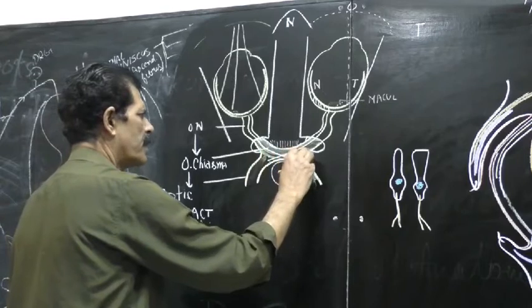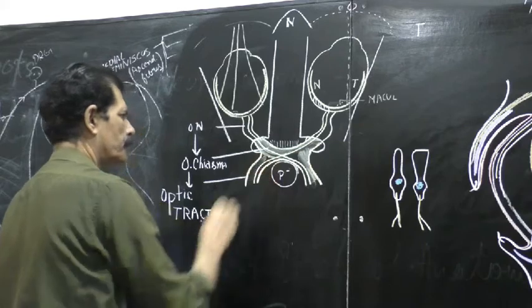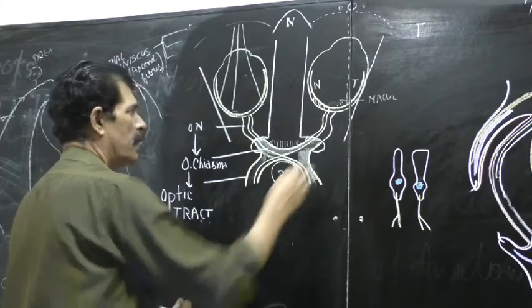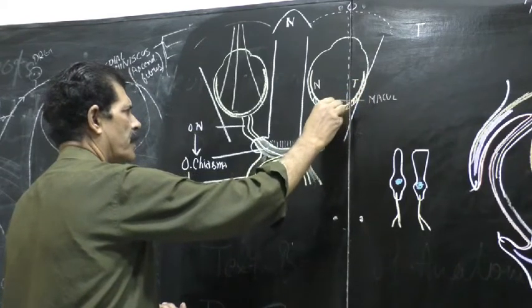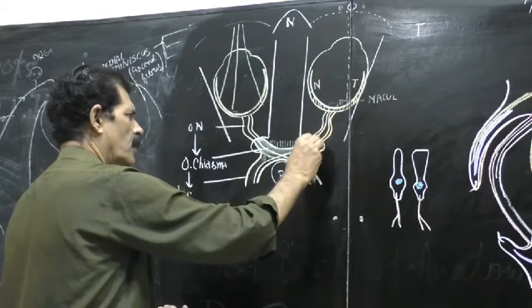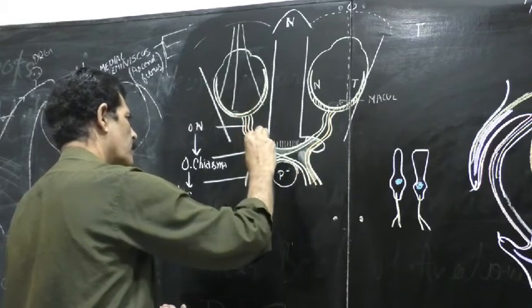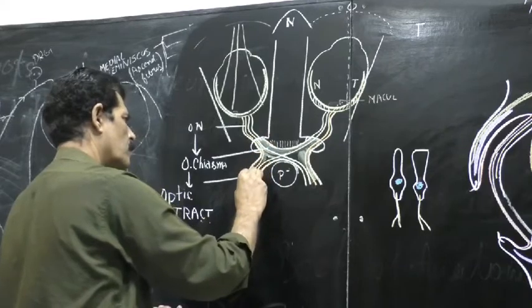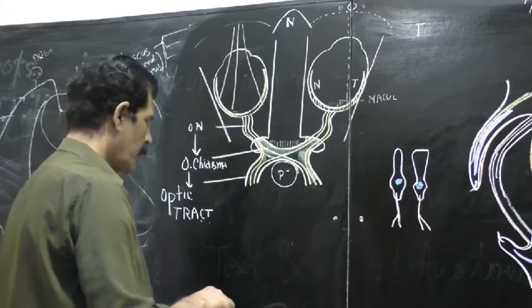The nasal fibers, which have crossed, remain medial, while the temporal fibers are lateral in position. They do not cross, they remain lateral. So these are the temporal and nasal fibers.